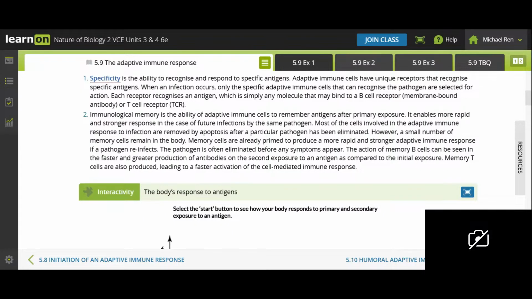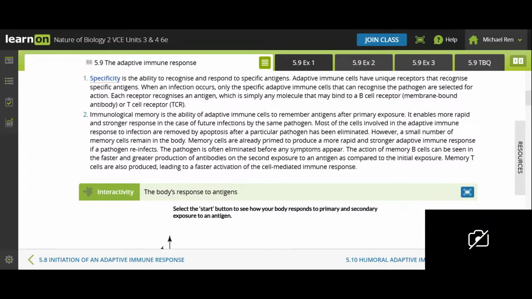When an immature cytotoxic T cell binds to either an abnormal MHC-I marker of an infected cell, or the antigen presented by the APC, it will be activated, and with the help of cytokines released by the Th cell, it undergoes clonal expansion and differentiates into mostly cytotoxic T cells and some memory T cells.